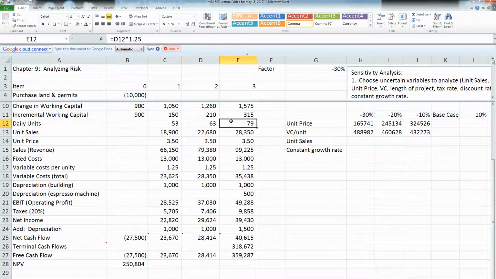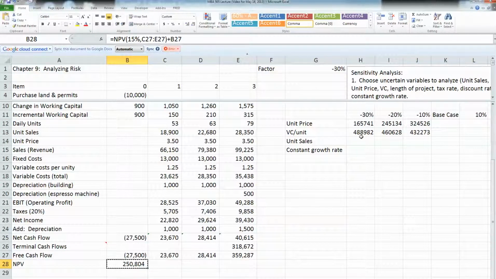And I'm keeping formulas in D12 and E12 because they're based on the anticipated growth rate of 20% and 25% over the next 2 years. But if unit sales are not the base case of 75 units a day, and instead they drop by 30% to 53 units a day, my NPV is expected to be 250,000.